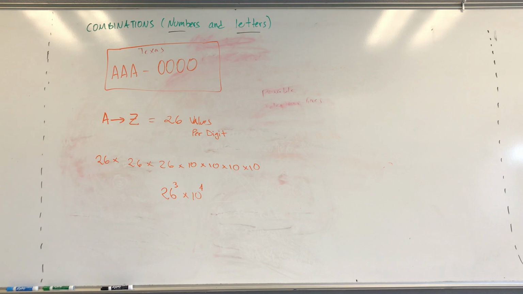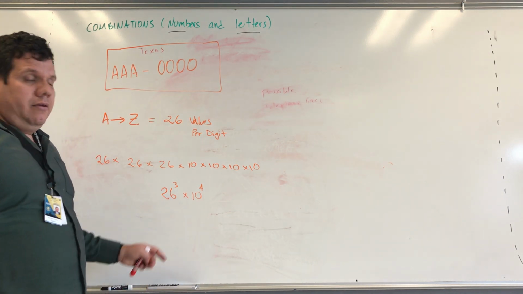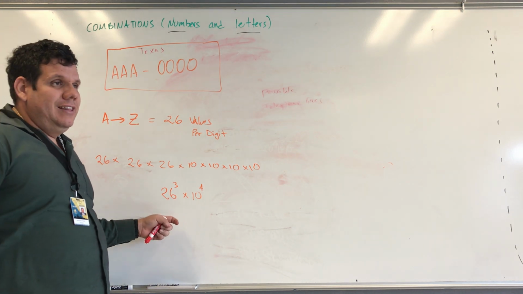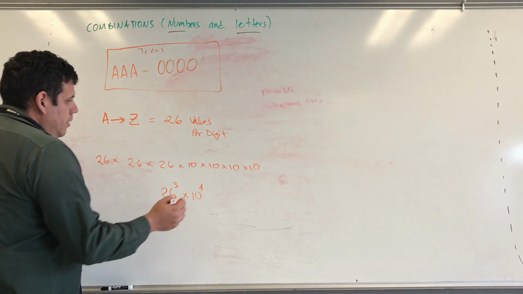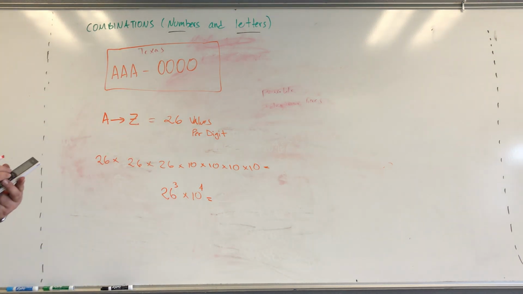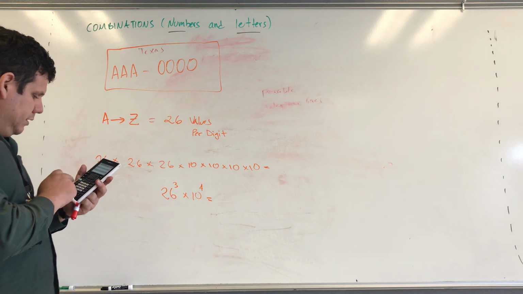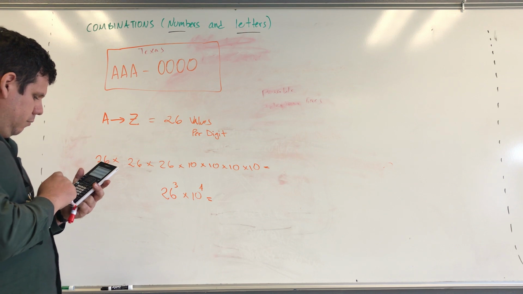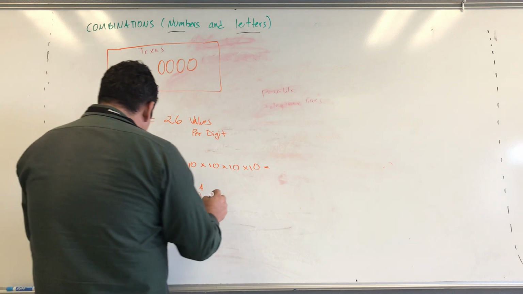It doesn't matter if you are using a calculator like the Texas Instruments calculator. Maybe you don't have it at home, but you can get an app for your phone where you can make your calculations using this notation. It doesn't matter if I do the entire multiplication or I go through the exponential expressions. So if I have 26 raised to the power of 3 times 10 raised to the power of 4, I have a very big number.